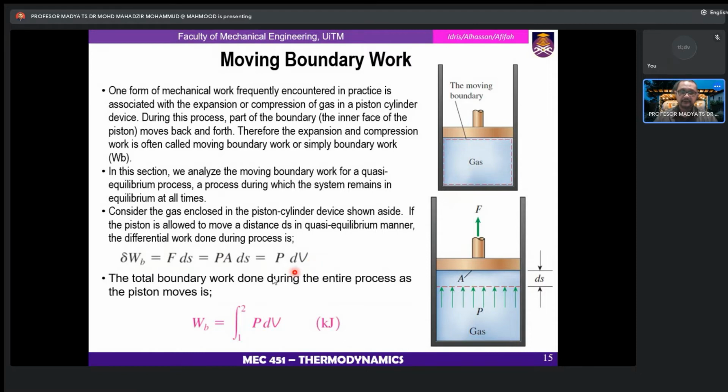So the total boundary work done during the entire process as the piston moves is W_B equals the integral from state 1 to state 2 of P dV. This is the general equation that we can use to calculate the moving boundary work. And the unit we use here is kilojoule or joule.